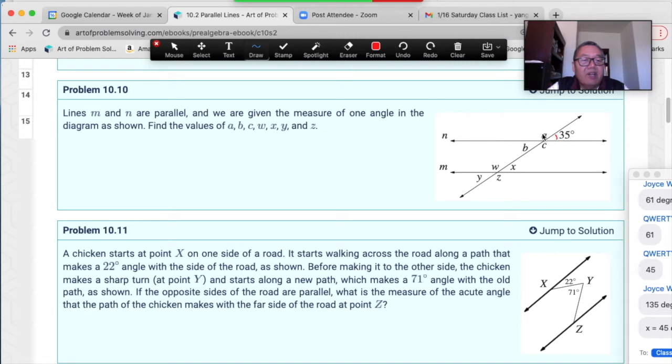Then they ask you to write all the measures of the other sides, A, B, C, X, Y, W, Z. So can you write down what is the measure of A, B, C, X, Y, W, Z?